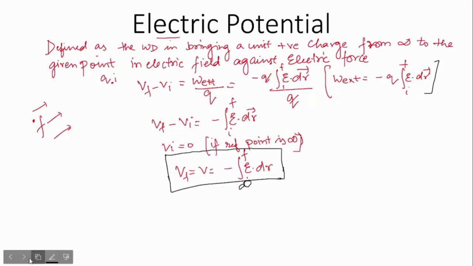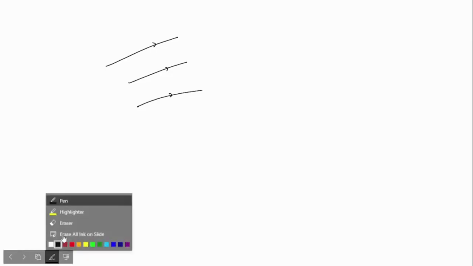I'll tell you this. Suppose there are electric field lines like this. We are considering a positive charge, plus Q, here. What happens if electric field lines are like this?